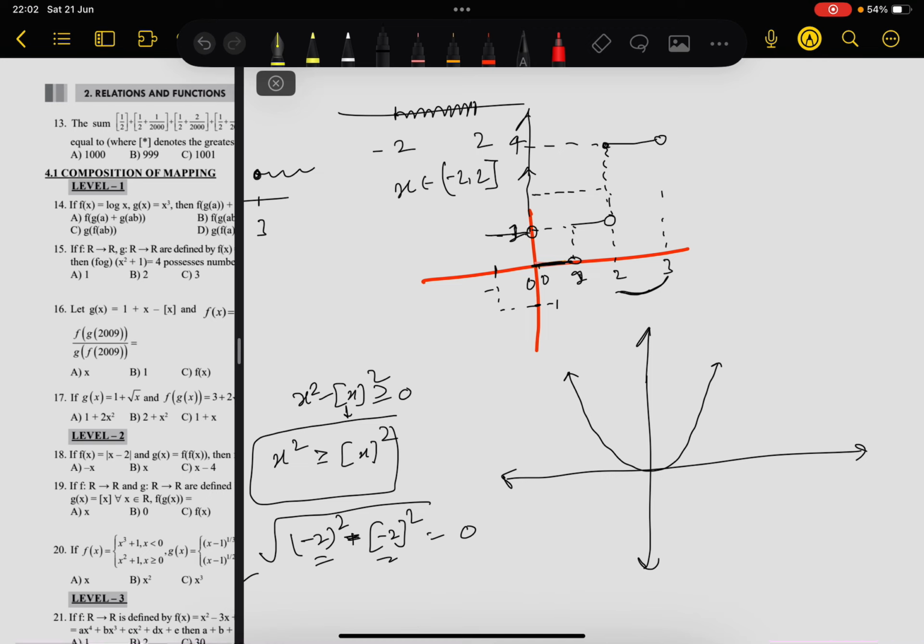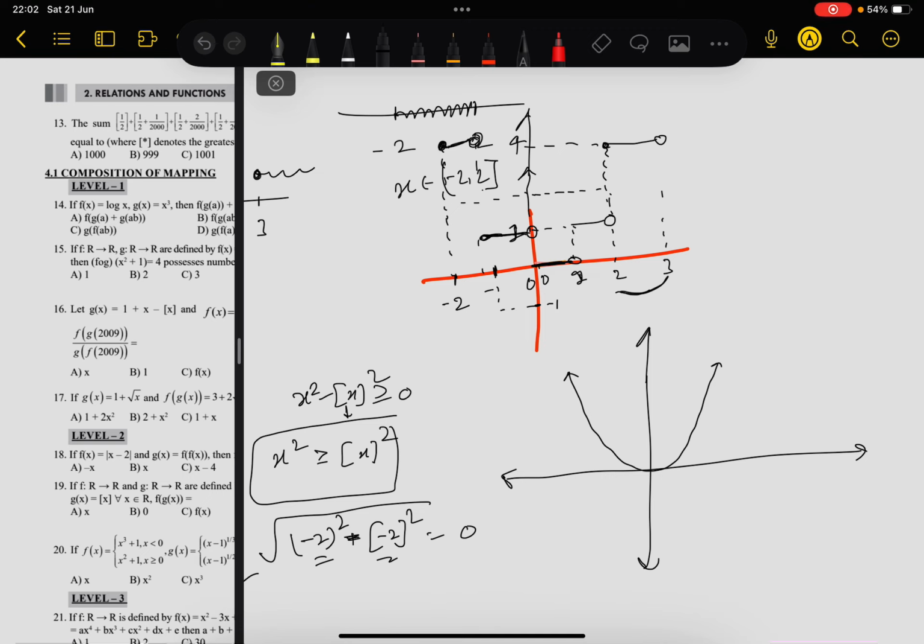So this is not included up to 1, like this. After this you will get the graph. Between minus 2 to minus 1 the value will be equal to 2. So directly you will get 4 here, right?